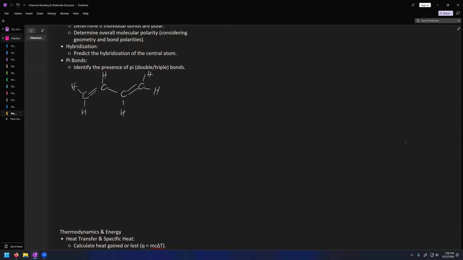Looking at this structure, to determine the number of sigma bonds, it's going to be every first bond in between two nuclei. Sigma bonding is the lowest energy type of bonding that you can do, and therefore it is preferential to other bonding modalities. So effectively, you just count the number of bonds in between all of the atoms, the first bond specifically. So I'm going to go ahead and number them here so we can follow along.